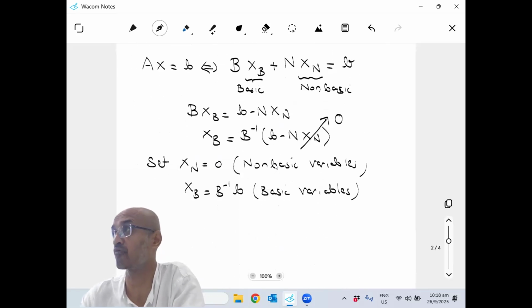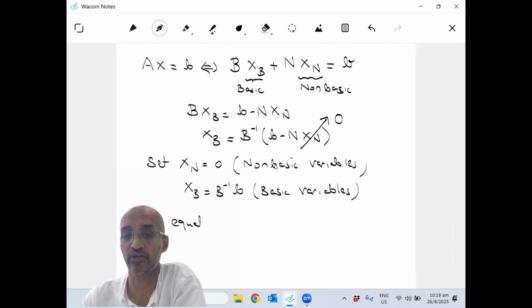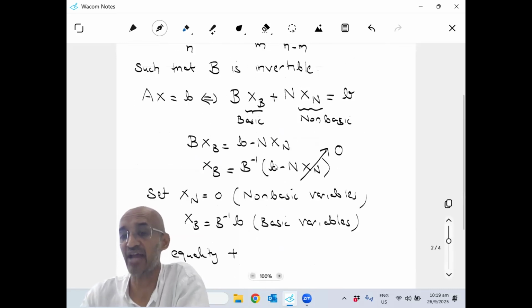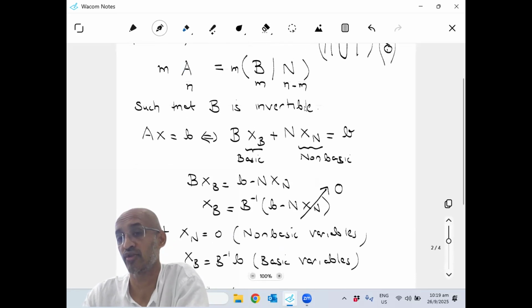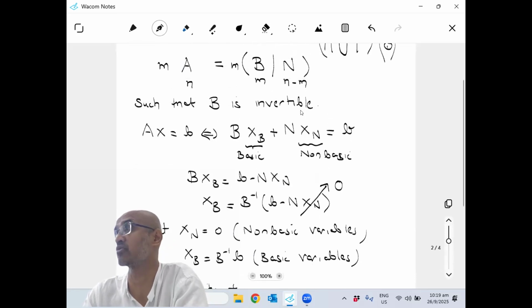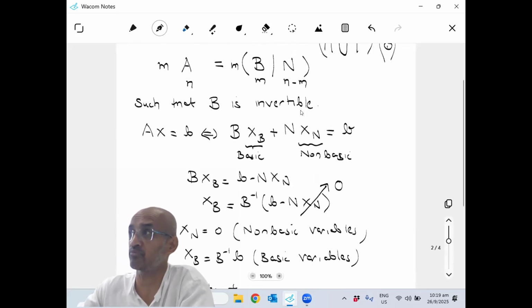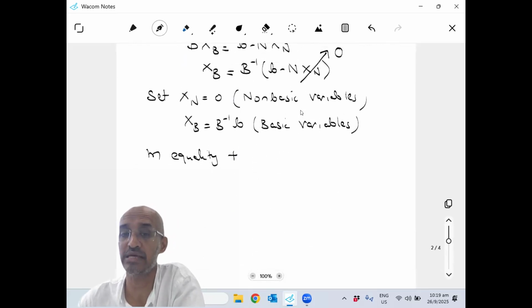I'm finding x_B by solving the m equality constraints, so there are m equality constraints which are satisfied, which are tight, plus this x_N, which I set to be 0. There are n minus m such variables. So I chose n minus m non-basic variables and made them equal to 0.